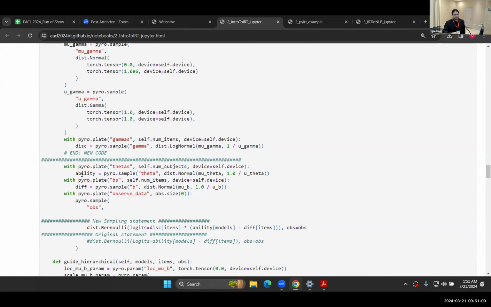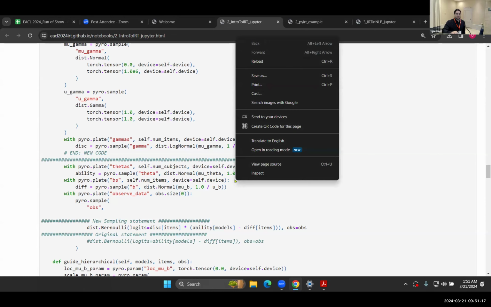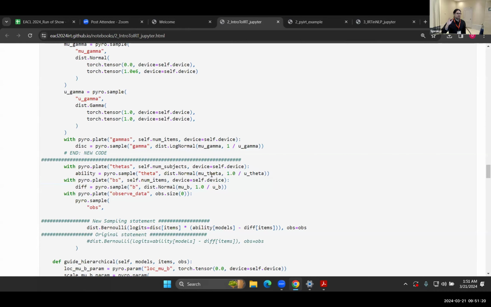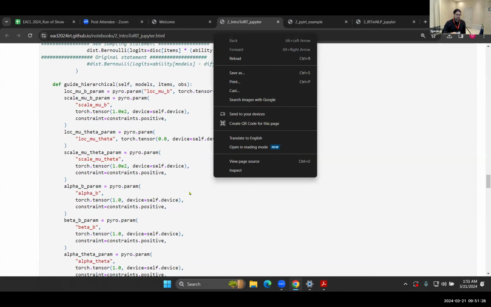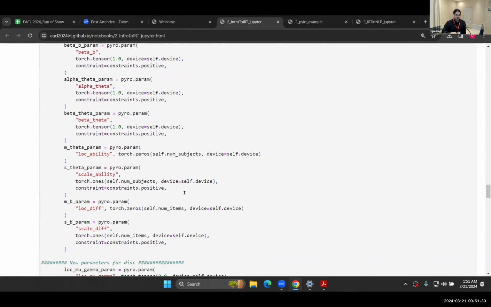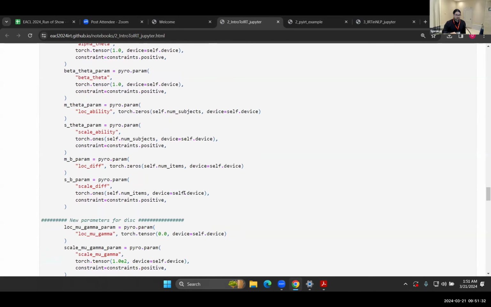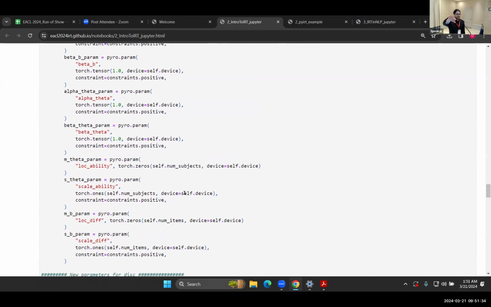So ability here, which is theta, we're basically assuming that this is coming from a normal distribution with some parameters. And these parameters are just suppositions because it's a Bayesian model that could be correct or not. The thing that's paired with this is a similar Pyro guide. And this is mostly mirroring the top.